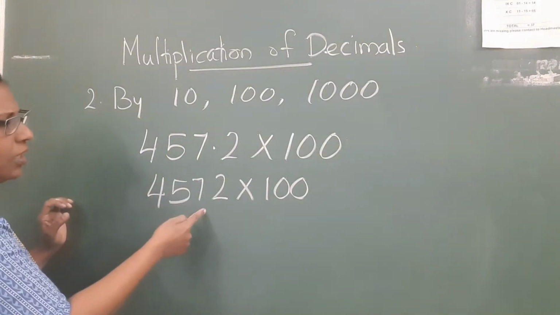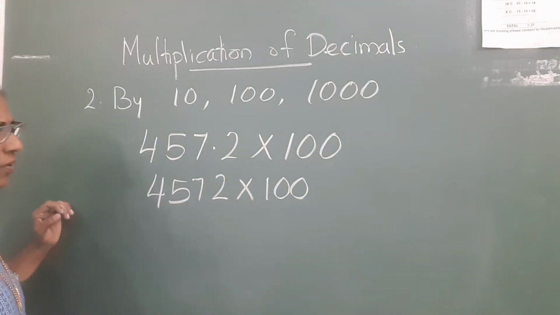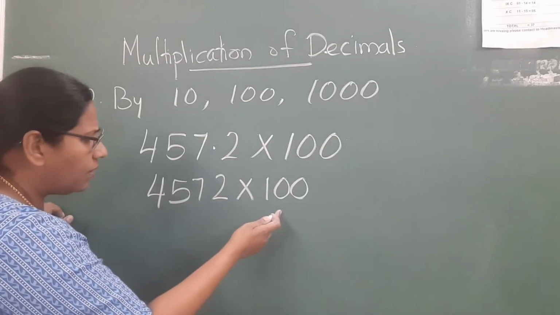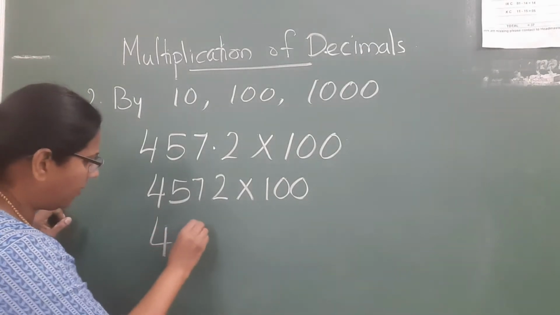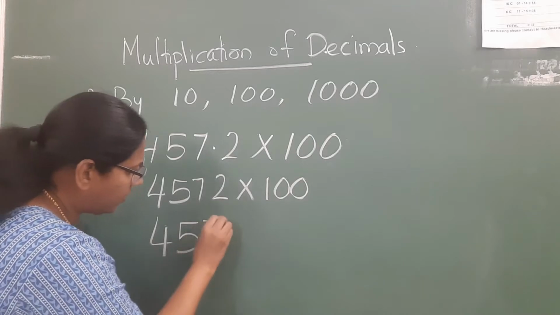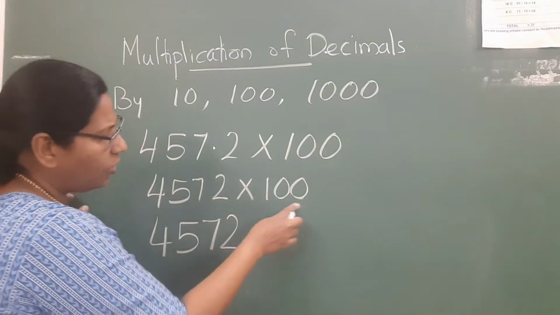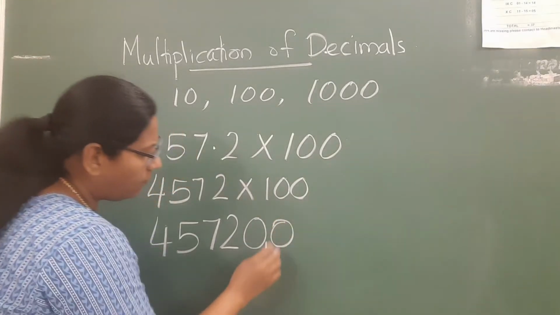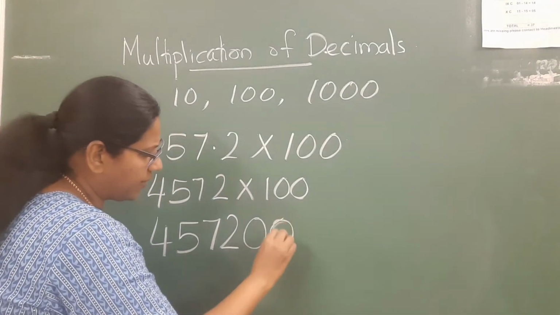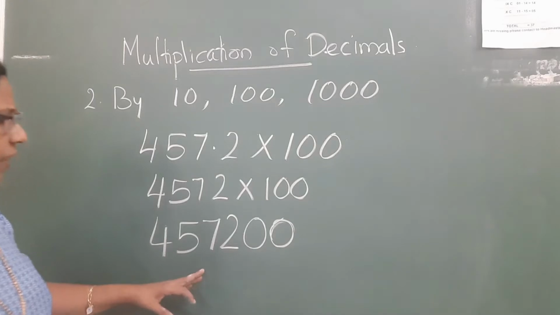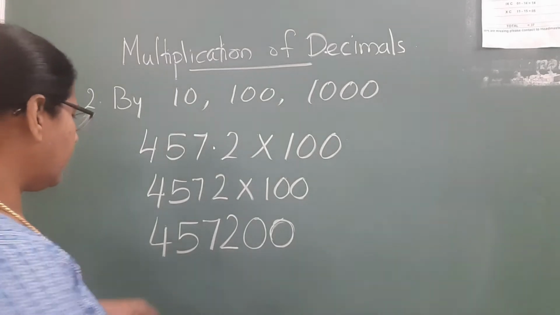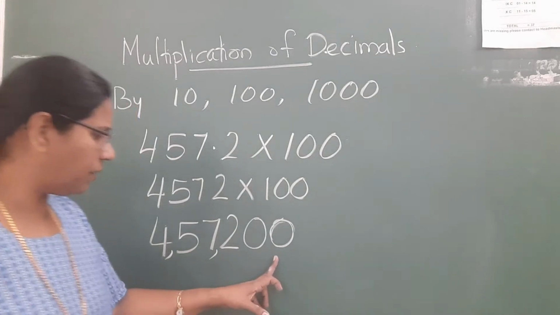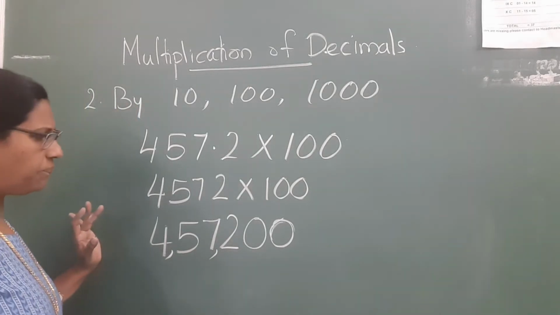First we ignore the decimal and write. After that, write again 4572. Then you put these two zeros on the right side. So we get the answer 4,57,200. This is the product we get.